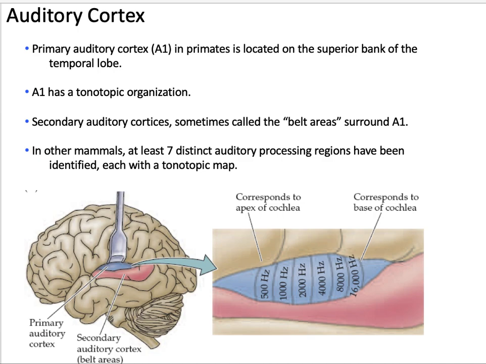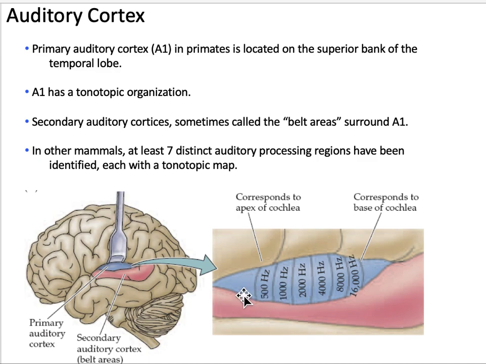Okay, now let's talk about the auditory cortex briefly. So primary auditory cortex, or A1, is located on the superior bank of the temporal lobe. So here's the temporal lobe. It's inside a little bit. That's what this little scooper is showing. And note that it has an orderly representation.